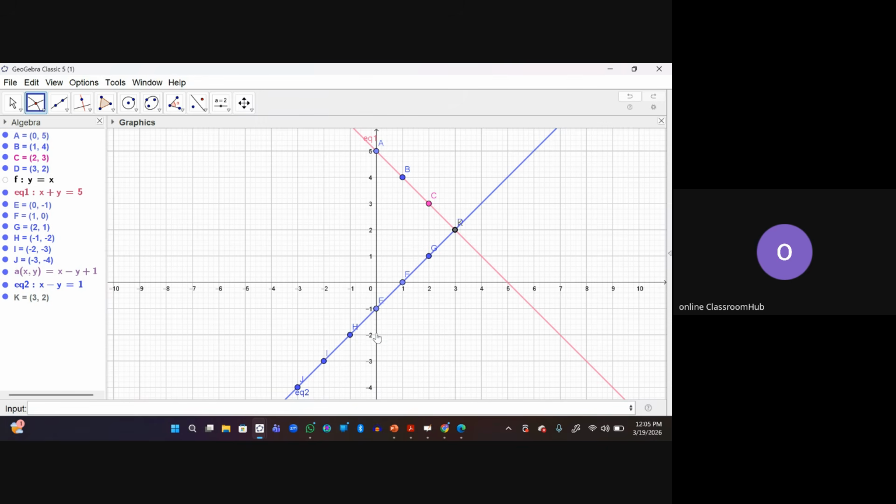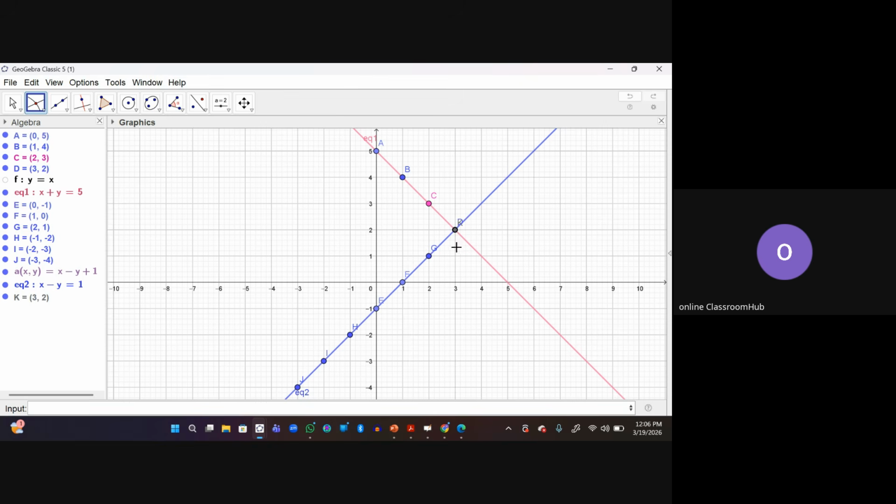Then you move 1 down, 1 left. You have H. Stand on the H, move 1 down, 1 left. Stand on I, 1 down, 1 left. You have the J. So that is the opposite direction. Now you have all these points. You draw your line. Where these two lines intersect, where they meet, that is the answer.